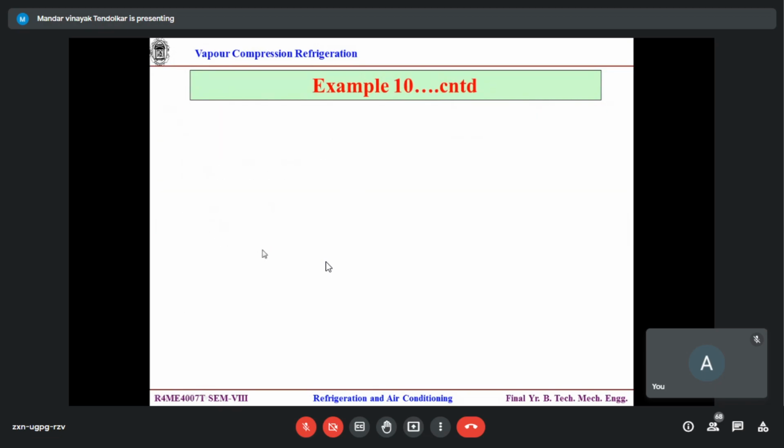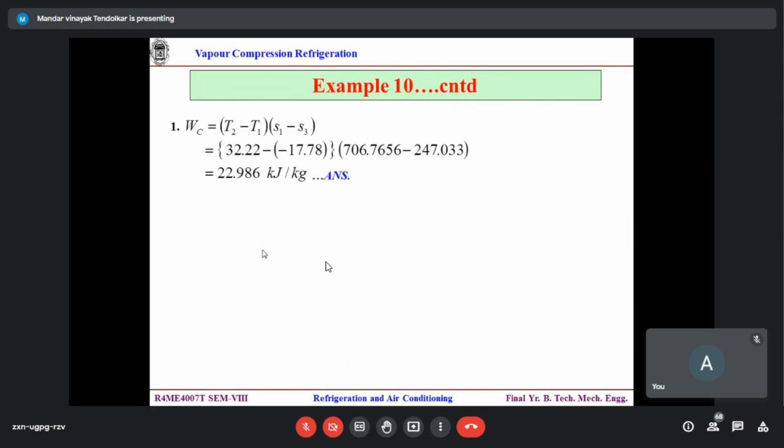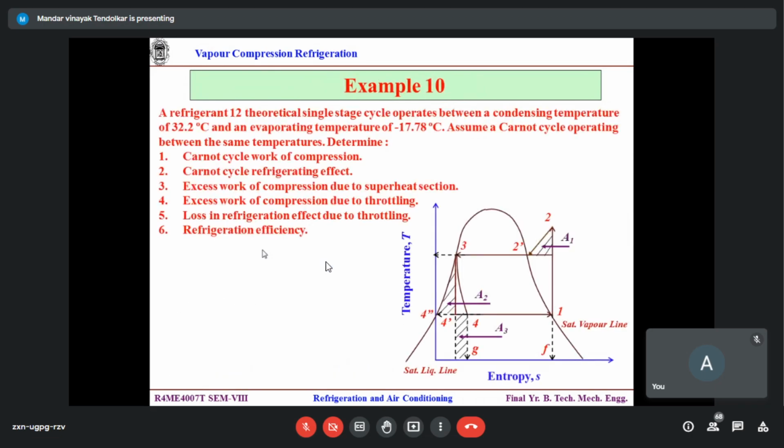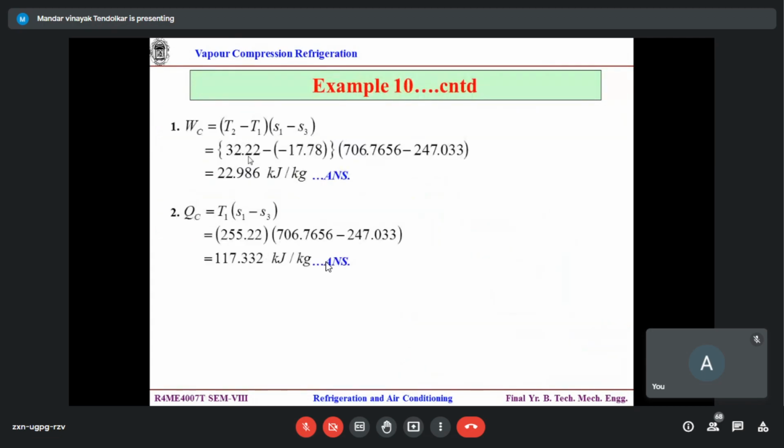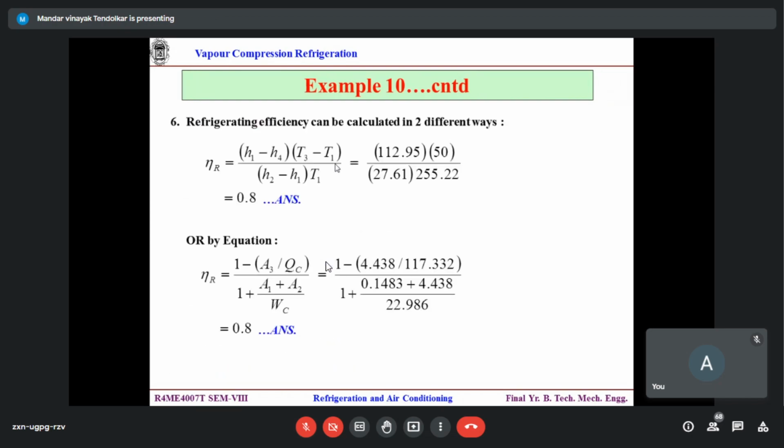I leave this to you as homework. You can do it at home because this is related to the TS part, not the pH one. The pH chart you have, TS you can draw anytime because you have the table. So all these equations you can read the values from the table and cross check.